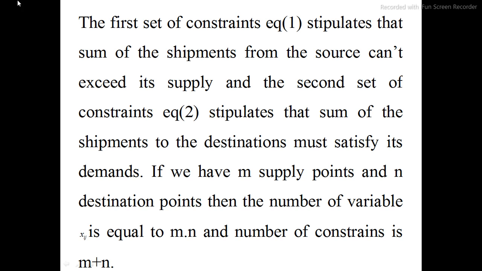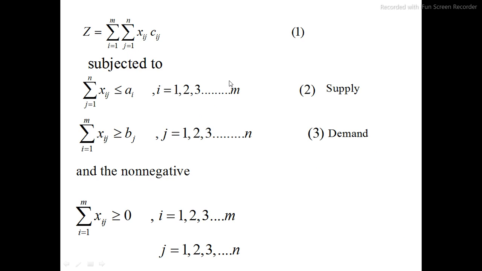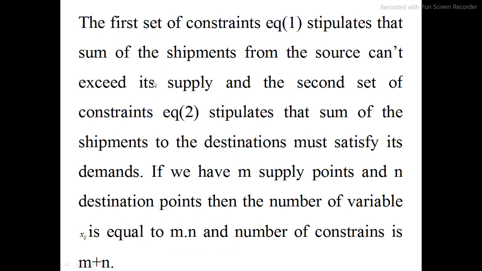What is this? So here you can say that equation 1 always says that it cannot exceed its supply. That is, whatever stock is there in the godown, he can supply so much quantity of things to each and every distributor or retailer, right?